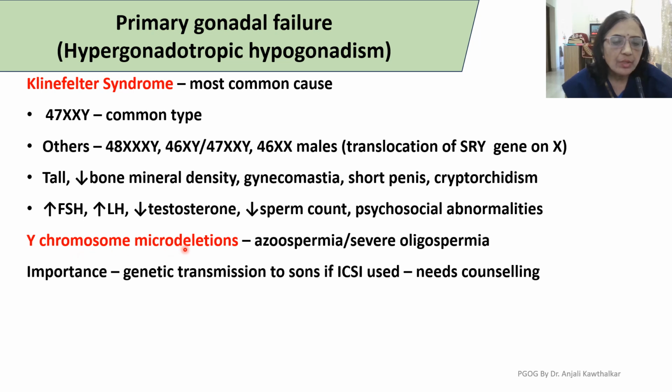Y chromosome microdeletions lead to either azoospermia or severe oligozoospermia. Its importance is that genetic transmission to sons is a possibility if ICSI, intracytoplasmic sperm injection, is used in these cases, and that is why it needs further counseling.